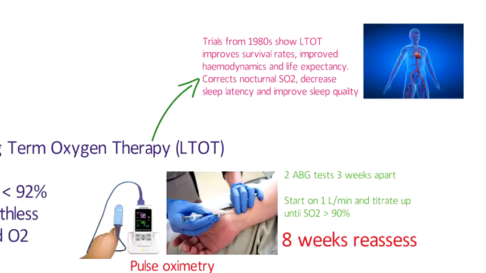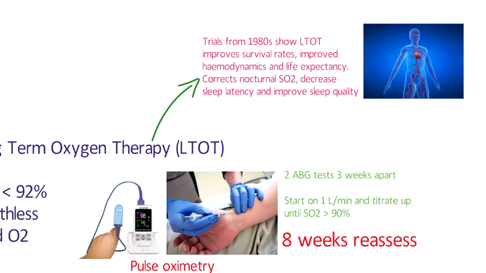Studies have confirmed that patients with clinically stable COPD with chronic hypoxemia have improved pulmonary hemodynamics and life expectancy when treated with long-term oxygen therapy for at least 15 hours per day. It's also been shown to correct nocturnal saturation of oxygen, decrease sleep latency, and improve sleep quality for patients with COPD who develop hypoxemia.